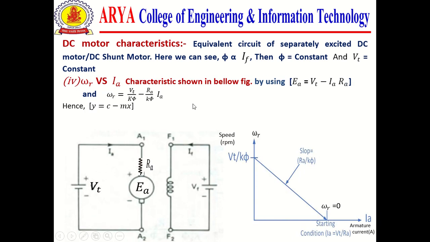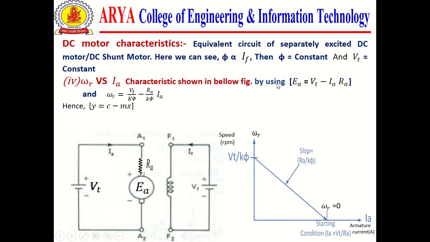Now we come to the fourth characteristic. If we talk about DC shunt or separately excited motors, always keep in mind that flux is directly proportional to field current. If the terminal voltage, field voltage is constant, then flux is constant. We can see this from the characteristics.